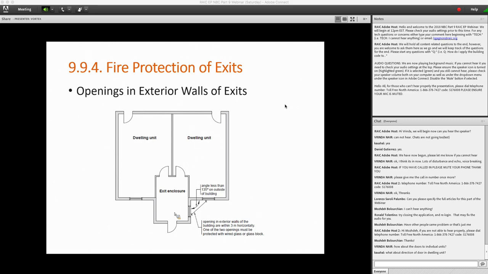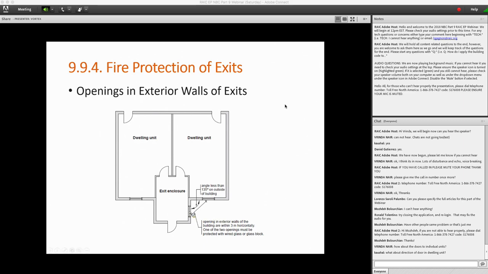So where you have the exterior wall of a building and the exit intersecting at an angle less than 135 degrees, and there are openings in these 2 exterior walls such that occupants using the exit may be exposed, you are also required to protect either of the openings.